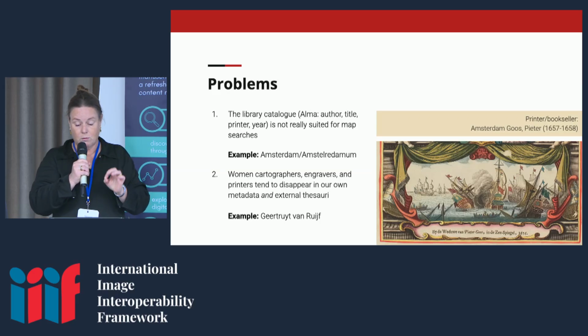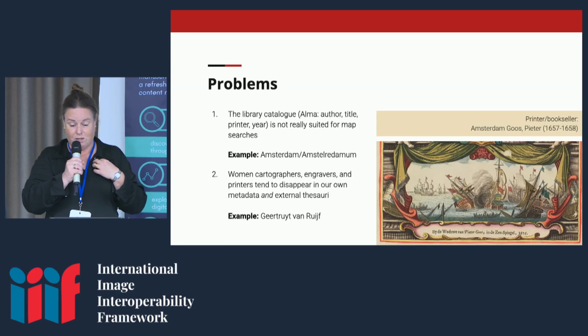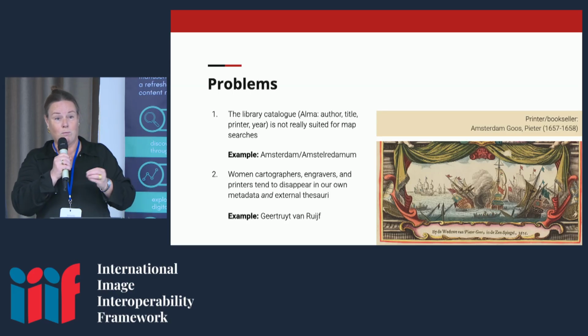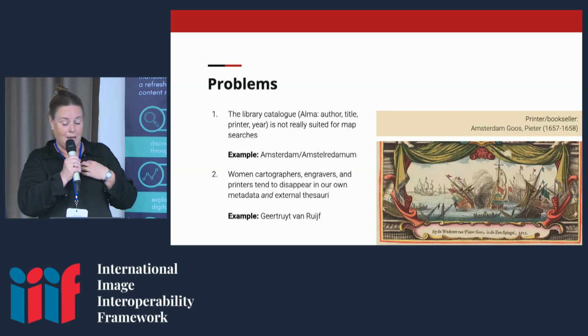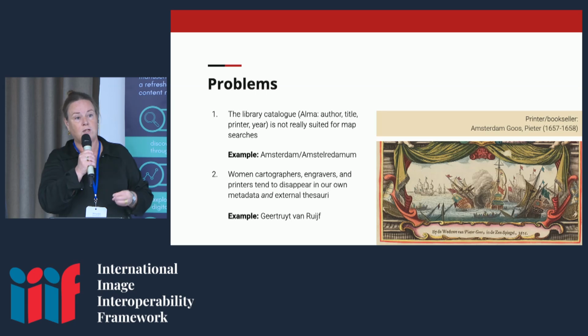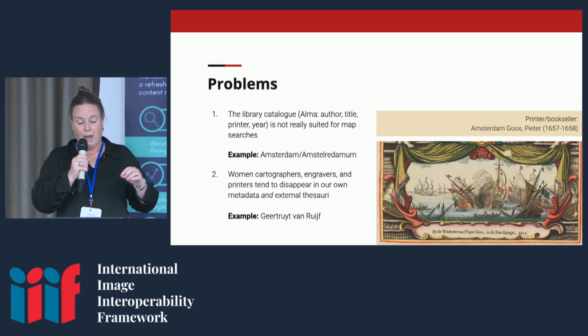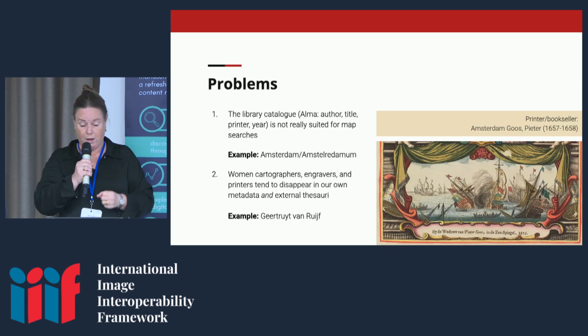It says printed by the widow of Pieter Goos, but our metadata says that it was made and printed by Pieter de Goos, so she disappears. And in addition to being the widow of Pieter Goos, she has her own name, Geertruid van Ruijf, and one of the aims of the project is making these women visible and to improve the thesauruses.